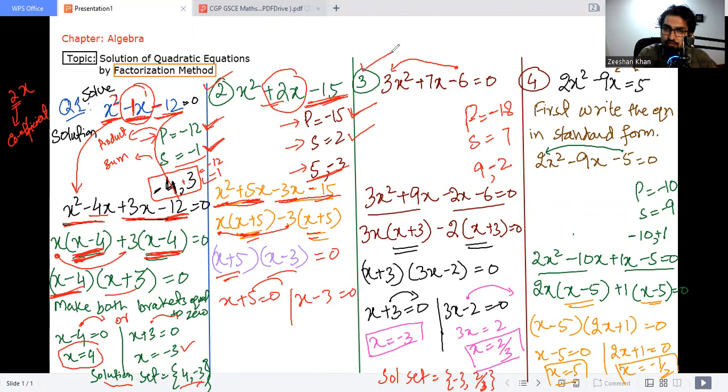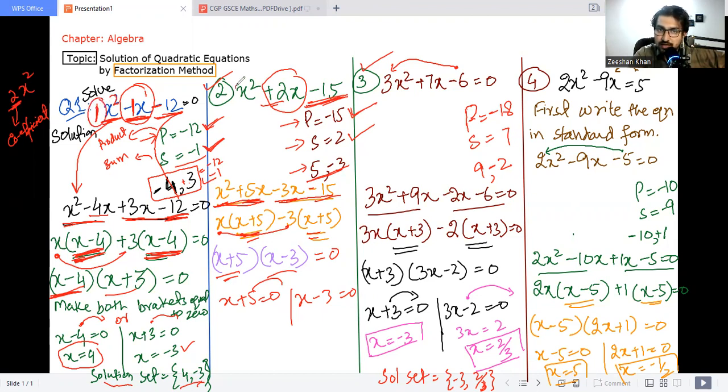Now, question number 3. Question number 3 is a bit different, and I have especially selected these last two questions. How is it different? In question number 1, I explained the coefficient, okay? The coefficient of x square was 1.